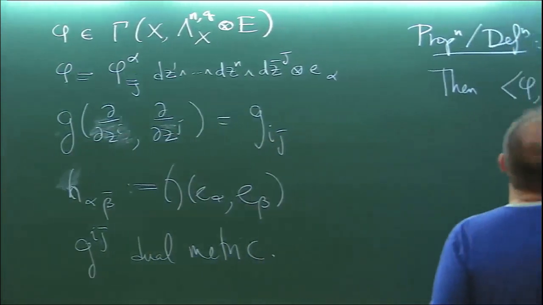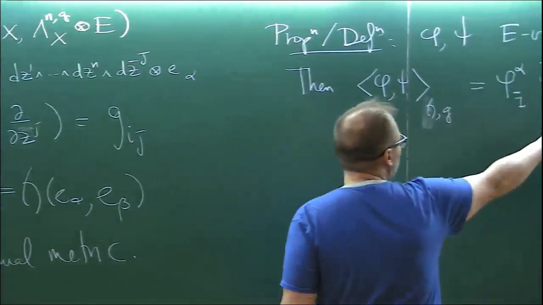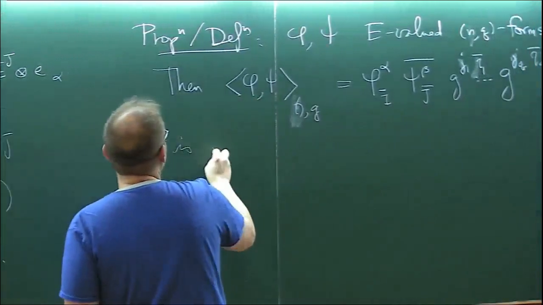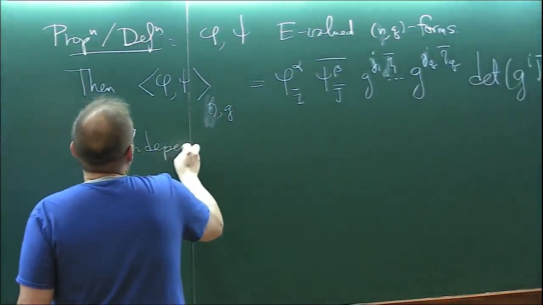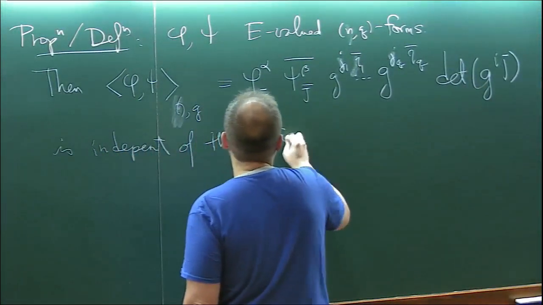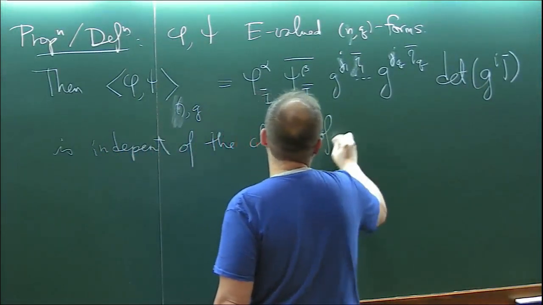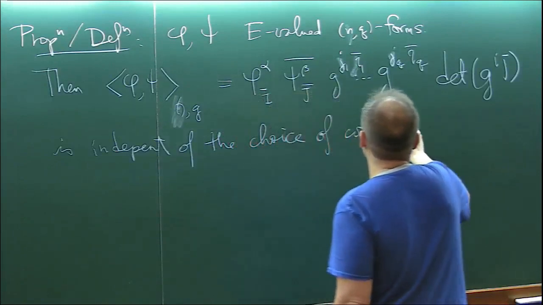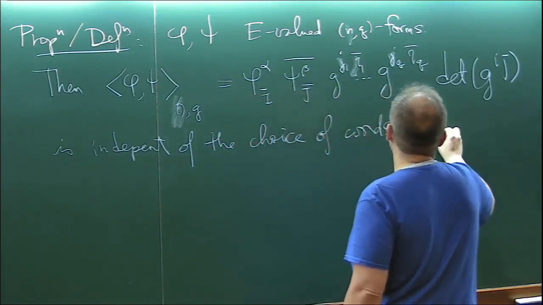Okay, so the proposition says that this right-hand side is independent of the choice of coordinates and frame.